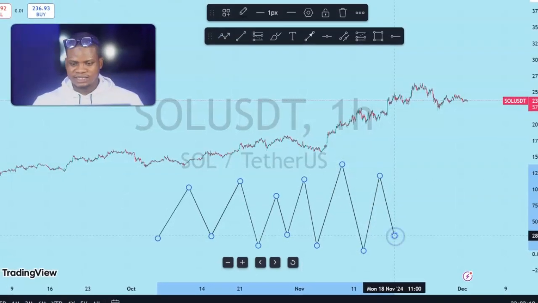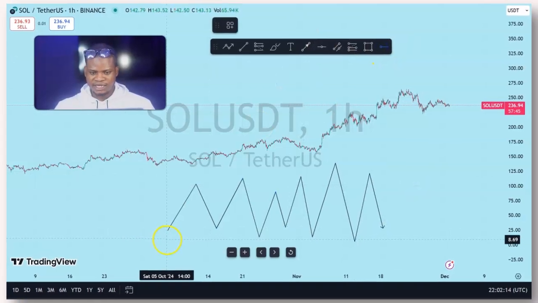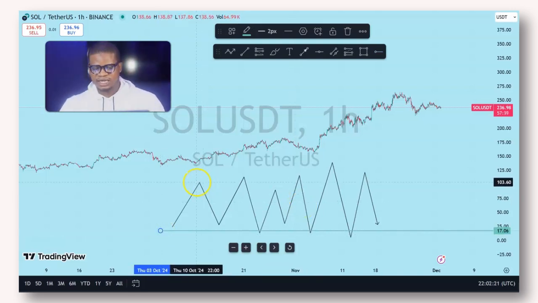You will see that anytime the market comes back to this particular area, buyers are willing to push into the market and buy.